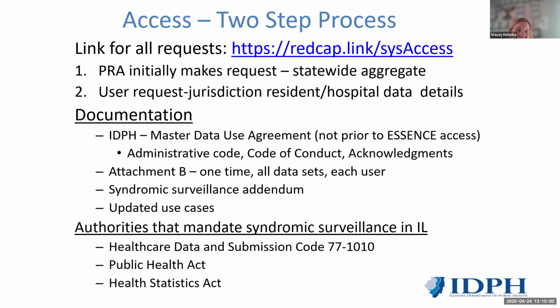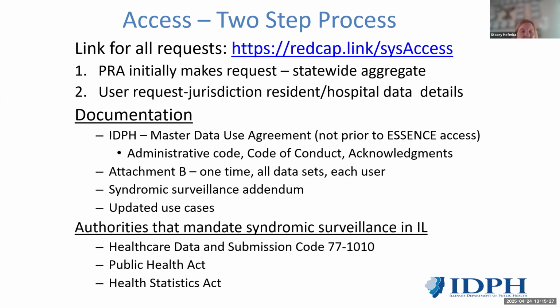I need the data details on the individual visits. There's a few simple acknowledgements that they check, and that was established before we did the master DUA, but it takes about 30 seconds. And then we would turn on jurisdiction-specific data access, and that is residents in your jurisdiction, not care in the hospital, or if you have a hospital in your jurisdiction, all the visits to those facilities.